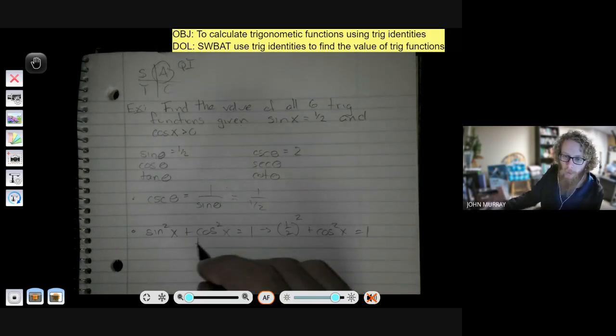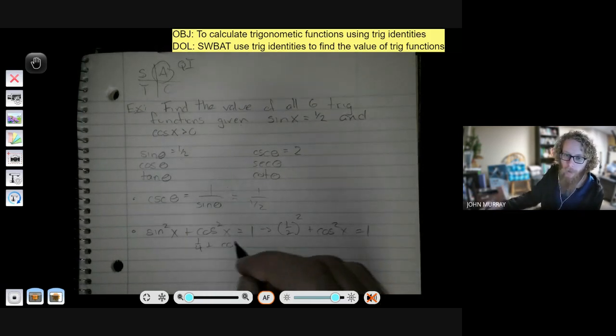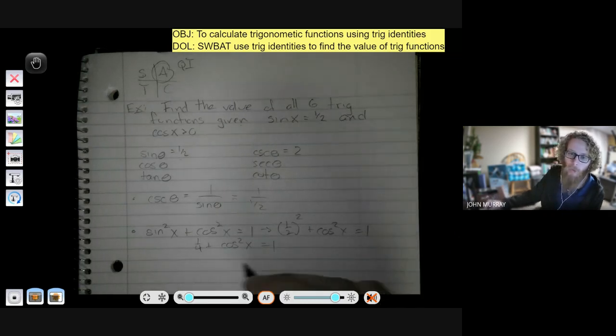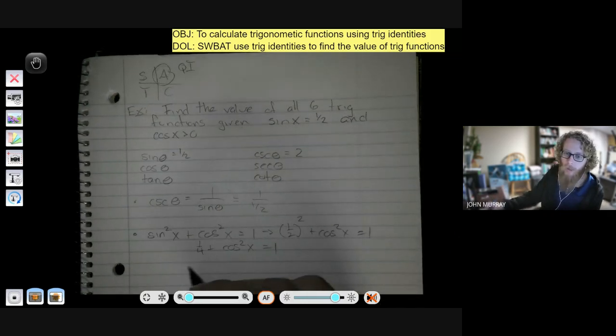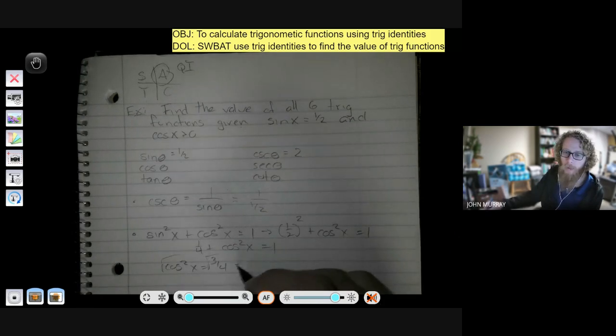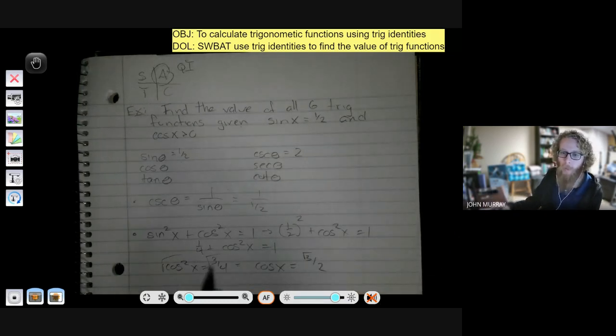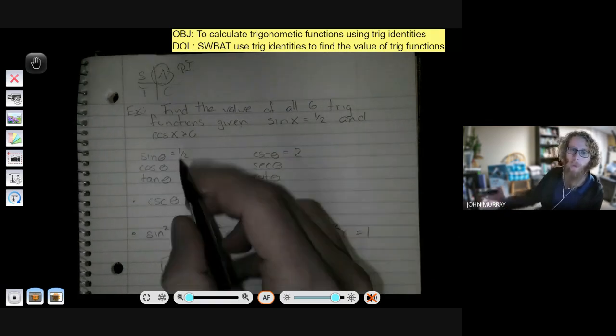Well, this is going to give me 1/4. Subtracting that from both sides, we get cosine squared of x equals 3/4. And taking the square root, I get cosine is square root of 3 over 2. Remember we split up the square root.